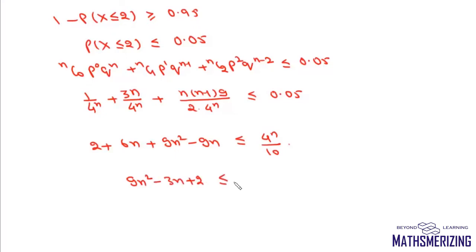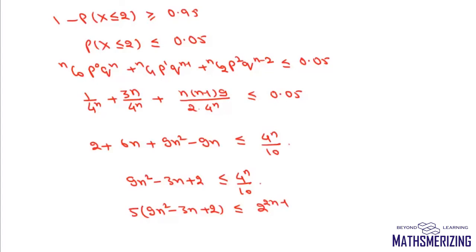It should be less than or equal to 4 to the power n divided by 10. Now we can rearrange this as 5 into 9n square minus 3n plus 2 will be less than or equal to 2 to the power of 2n minus 1.